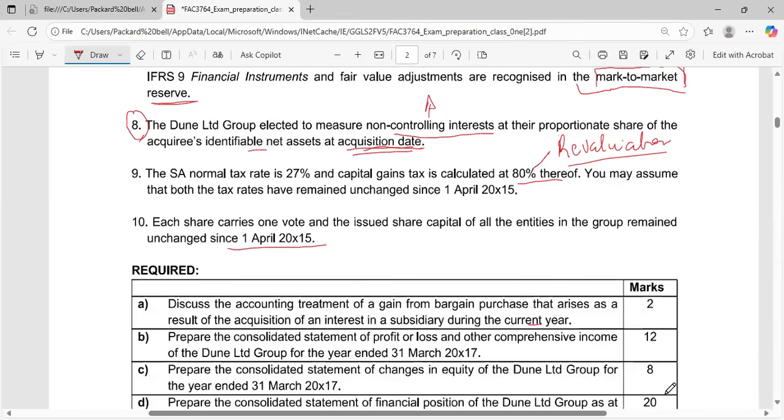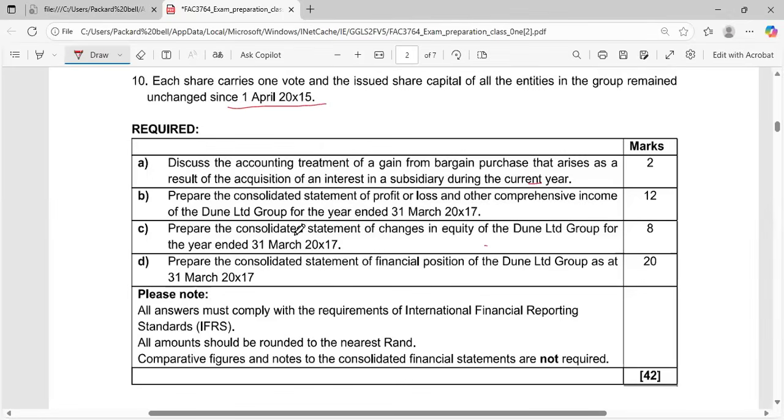C and D are not going to be a problem because we have already done the calculation. We just take from the total comprehensive incomes to the statement of change in equity. We now have all those figures. The same applies to the other. So in our next class, we'll finish off C and D. You can go through them during your start time so that you can see where you get lost.